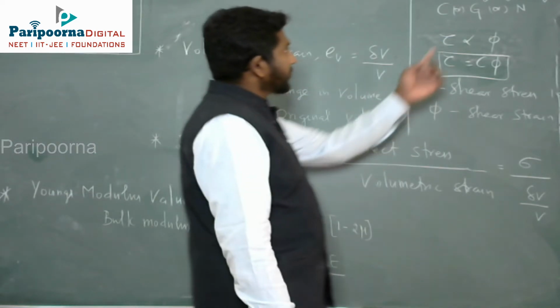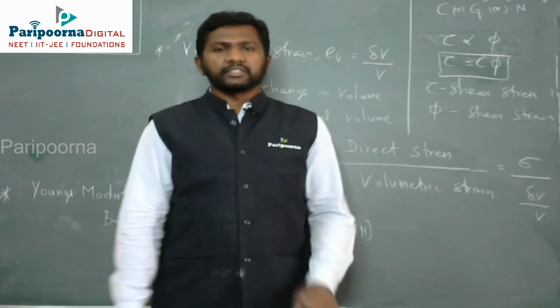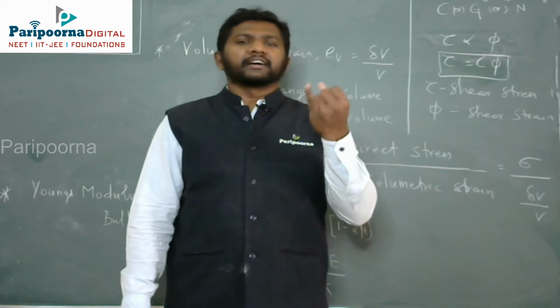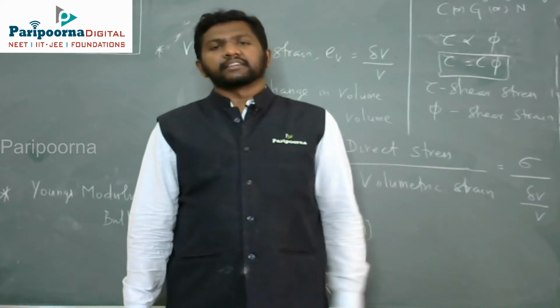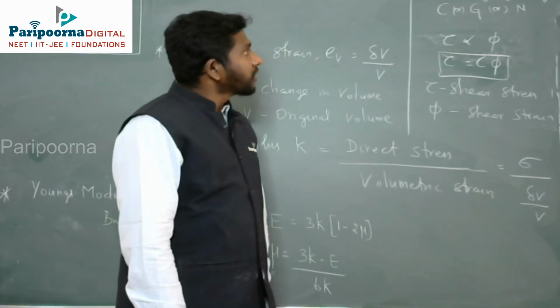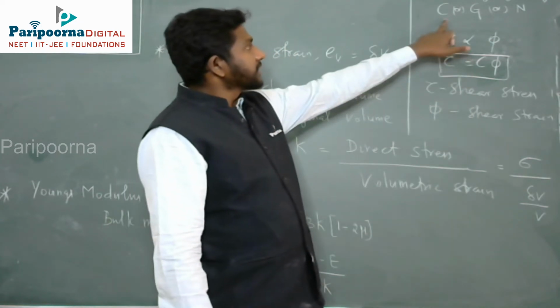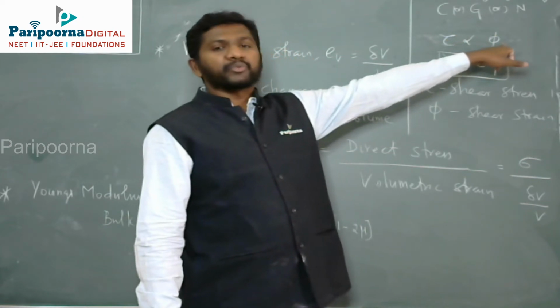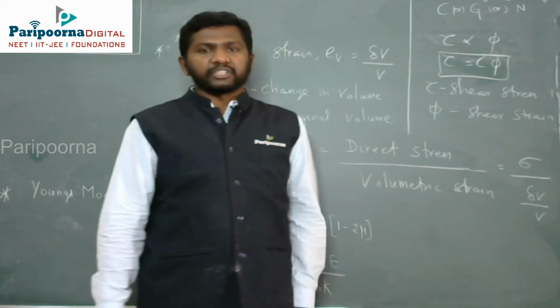One more term we have to discuss. We already discussed Young's modulus, which considers tensile stress and compressive stress. Here we have to discuss the modulus of rigidity. It is represented as C, or sometimes G or N. Shear stress is directly proportional to shear strain within elastic limits.